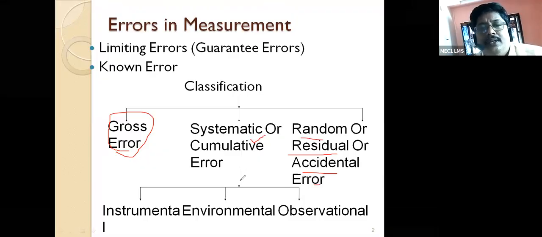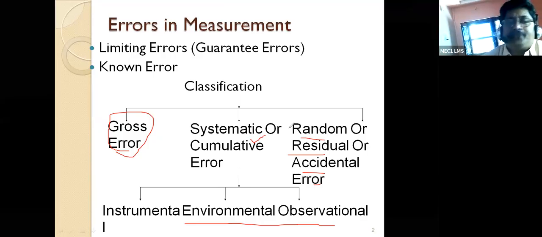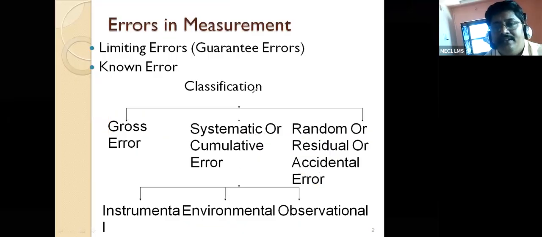In the systematic or cumulative error, there are instrumental, environmental and observational errors. So now we'll discuss one by one: what is a gross error, what is systematic, and what is a random or residual accidental error. We'll discuss these three clearly.